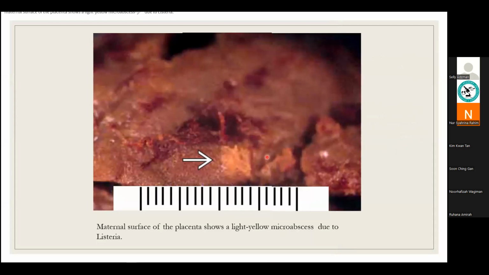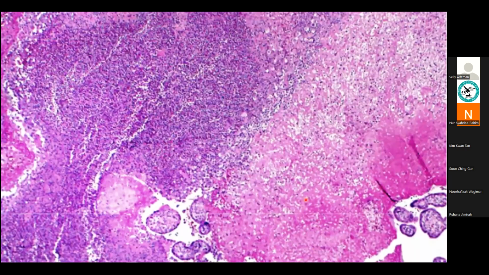Again, this is on the maternal surface showing the abscess. On histology, you cannot miss an abscess with necrosis. It occupies the intervillous space, pushing the villi to the sides.